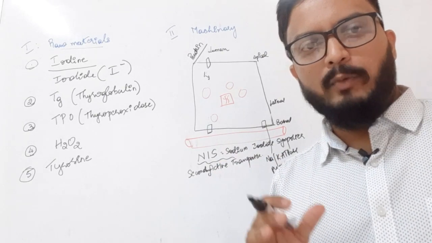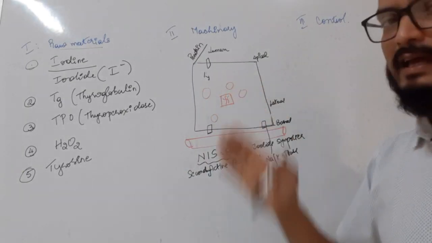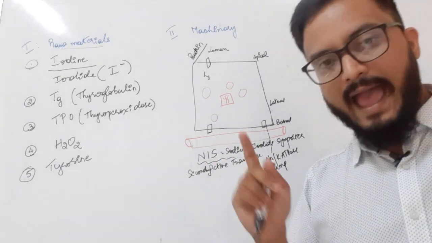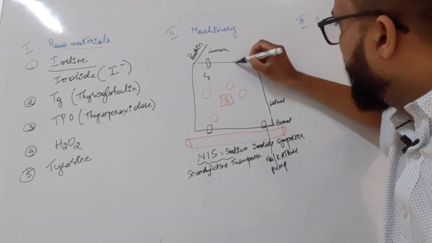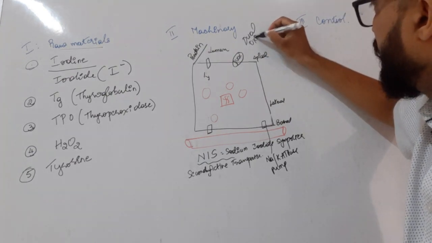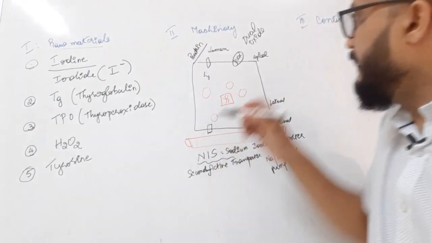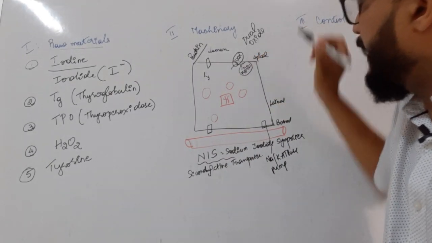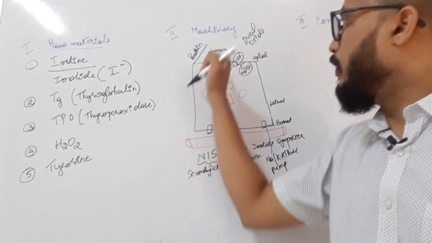In the lumen, the production of T3 and T4 exactly occurs, and it has all the organelles which are involved in the production of thyroglobulin, thyroperoxidases, and most importantly on the apical surface it also has DUOX, or dual oxidase, which is a flavoprotein which helps in the production of H2O2, which is NADPH dependent, which is important for the oxidation of this iodide.